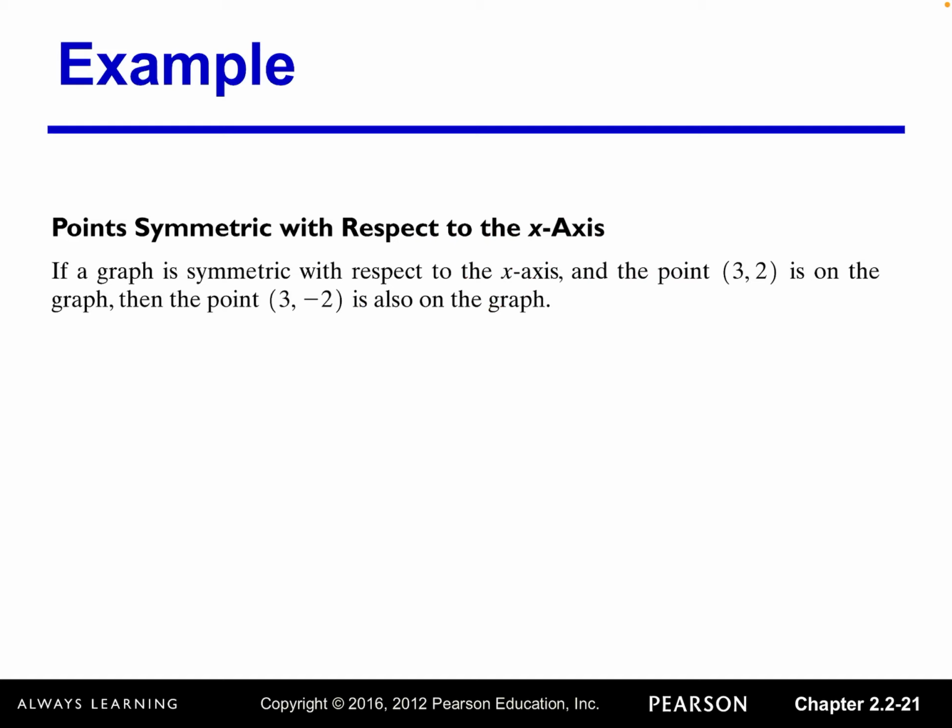If we use a point as an illustration, if a graph is symmetric with respect to the x-axis, and the point (3, 2) is on the graph, then the point (3, negative 2) must also be on the graph. Same x, and the y coordinates have the opposite sign. If you graph it, that's the point (3, 2).